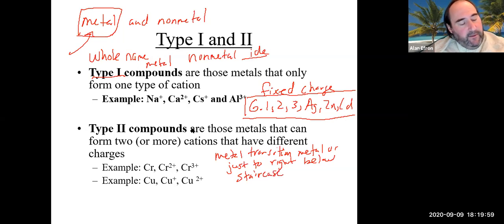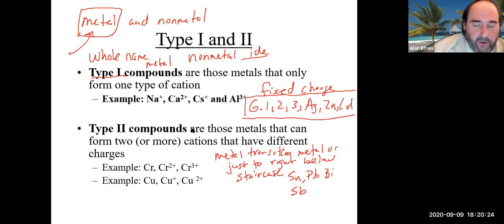So if you're wondering what I'm talking about, if you look on your periodic table that you hopefully have near you, that is things like tin, lead, and bismuth. Those are metals below that staircase, and the antimony in that case. They're technically not transition metals, but they are named the same way. And what all these share in common is they have a variable charge.